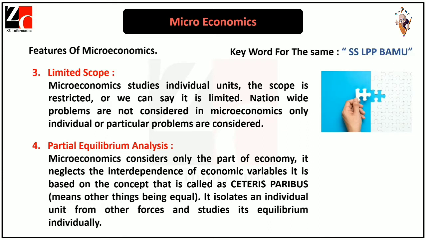It isolates an individual unit from other forces and studies its equilibrium individually. Partial equilibrium analyzes the equilibrium position of individual consumer, individual firm, individual industry, etc. It proceeds with the assumption that other things remain the same and then tries to establish the relation between the two variables.